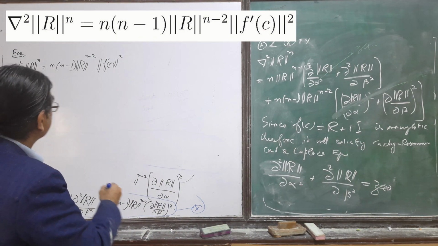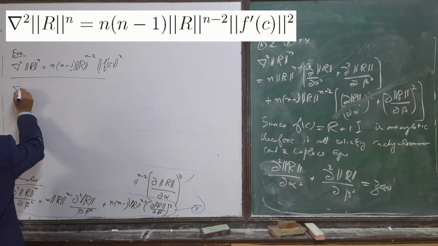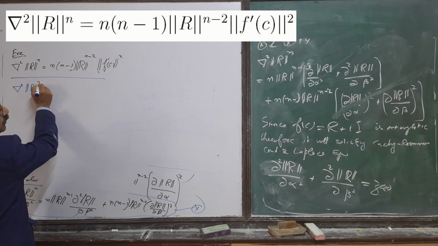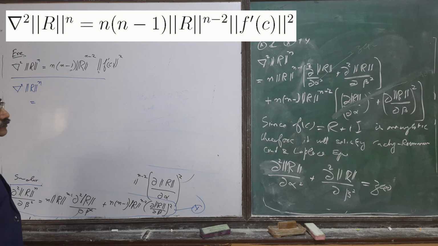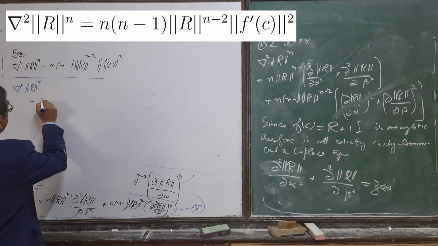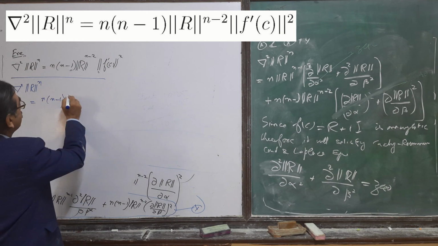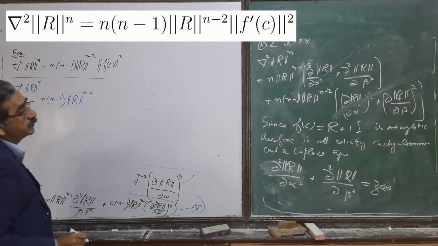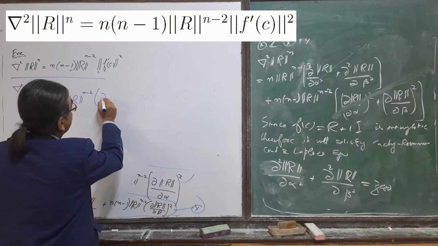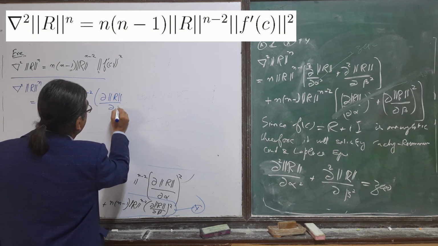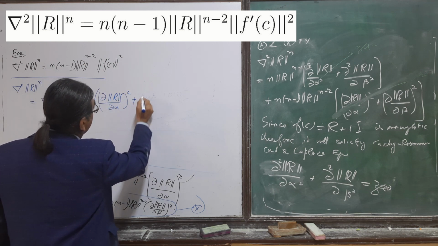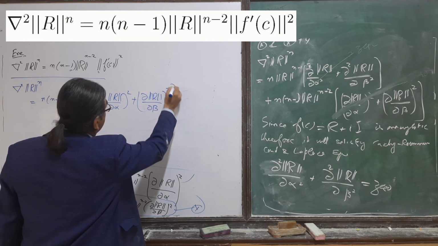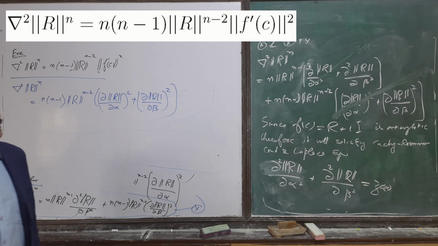Then del square R n will be equal to n into n minus 1, R n minus 2, yes, this will be equal to this.